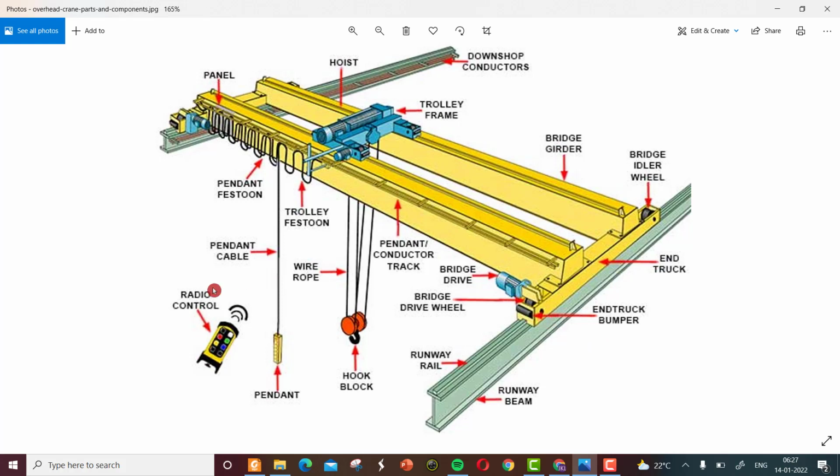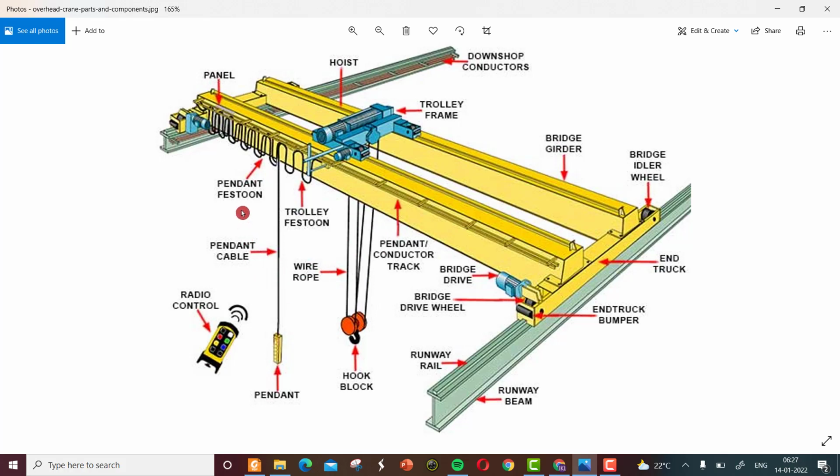These are operated by a radio control, and there are many other minute detailings. There is a hook which is supported on the crab for lifting the material and keeping it at another point, and the wire rope will be there to support the load.